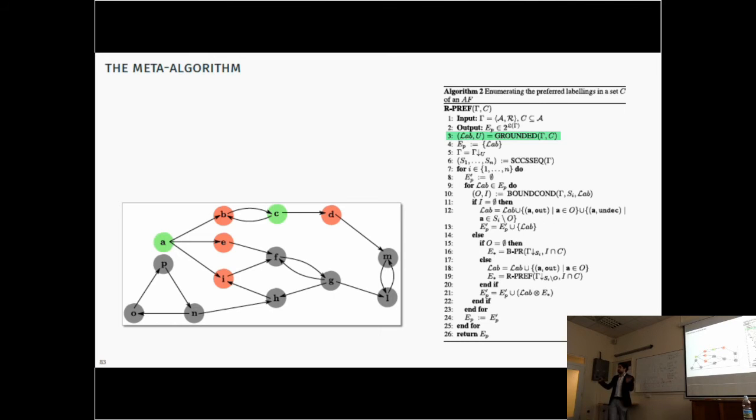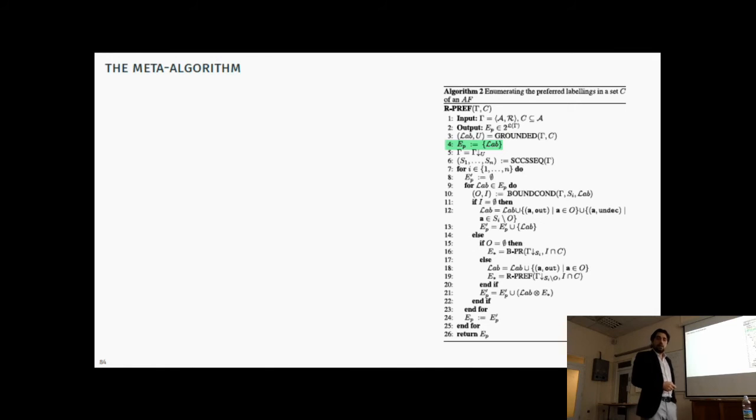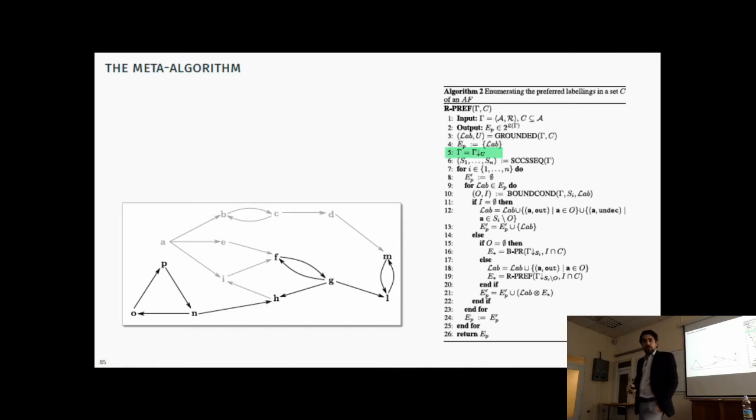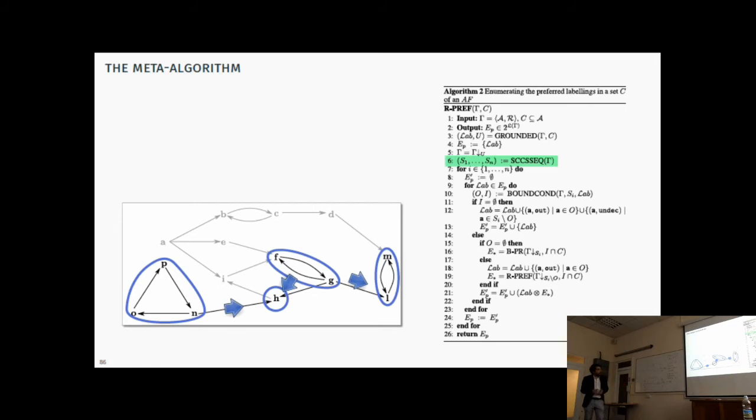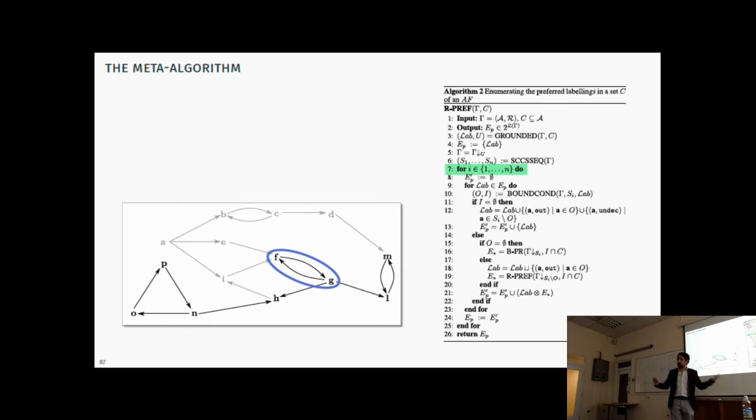And everything else is just undecided, and this is the minimum complete that you can compute. Then we essentially look at the rest of the graph. So we ignore everything before, and we identify the SCCs in this graph, and we arbitrarily start from one of them. And at this point, we can no longer decompose any further, right? So now we have to do the hard job.